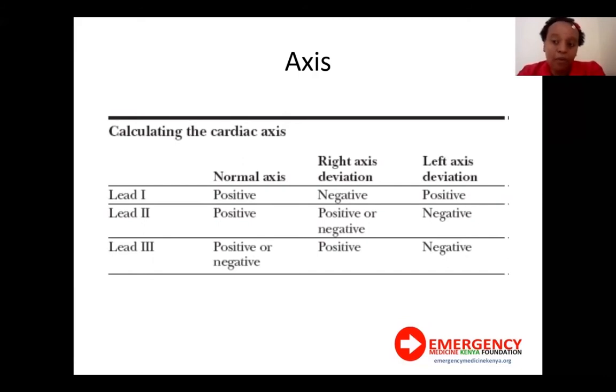The electroconductivity affects how the heart may turn, so it is able to tell you whether the heart is turning to the right, turning to the left, or is in the normal axis. When you look at the heart, is it normal?